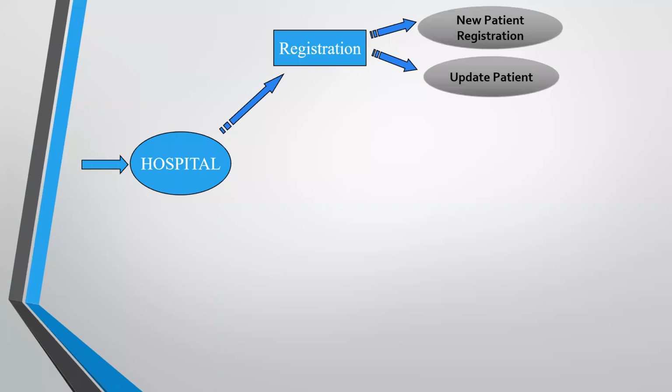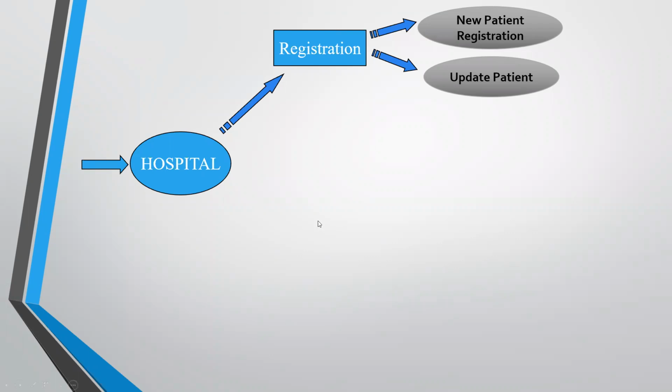Under registration, the most common events are a patient being registered or existing data getting updated. We have other events like merging, admission, and transfer of the patient. There are many other events, but we are just looking at common events to get the basic idea of how this works.